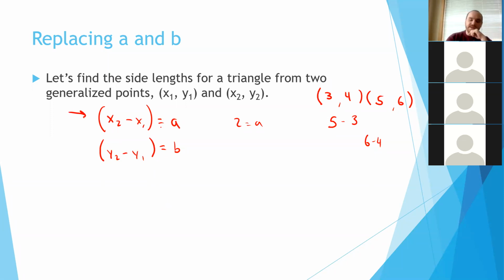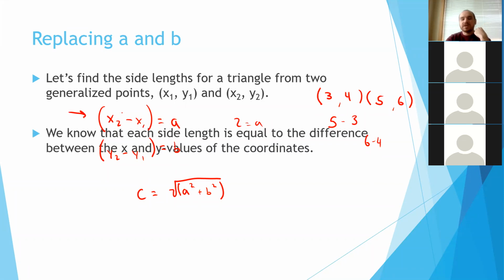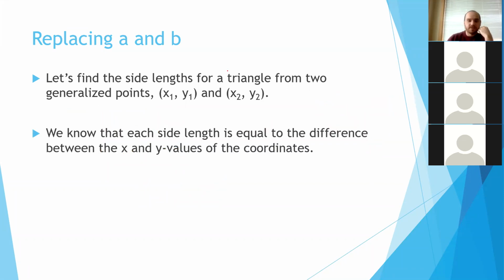Now, this might not seem particularly helpful, but remember that we just solved for c in the Pythagorean theorem. We said that c equals the square root of a squared plus b squared. Well, now we can plug in things that just use generalized points. We're also, because we're looking for a distance here, whoops, sorry. So there's the actual solved out version of them.